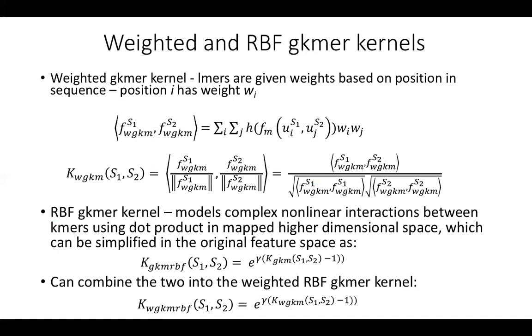And this kernel, called the GKM RBF kernel, has the following kernel function. Notice that it is still computed using the original gkmer kernel function, shown here. And the third one is simply a weighted generalization of the GKM RBF kernel, and as expected, assumes a weight for each Elmer in the sequence. So at this point, the 3 kinds of kernels commonly used to classify genomic sequences using SVMs should be clear.